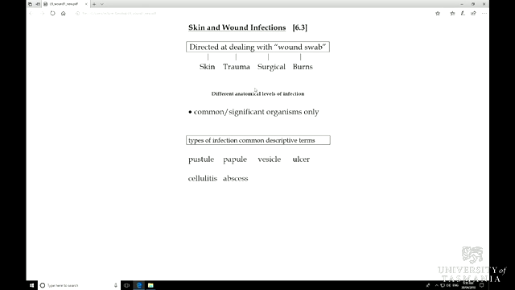A vesicle is a raised bit of skin with a head, but the head isn't pussy, it's got clear fluid. So a pustule has got yellow pussy fluid, a vesicle is raised with clearer fluid, and a papule is raised with no fluid.